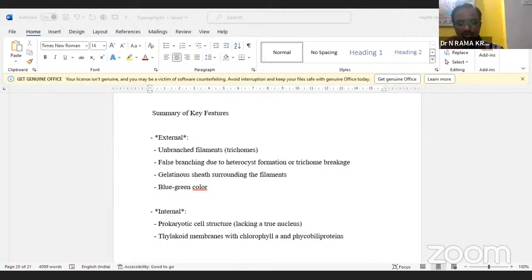Where the mucilaginous sheath is there, what type of food reserve materials are there? Starch, cyanophycin granules, and oil droplets.